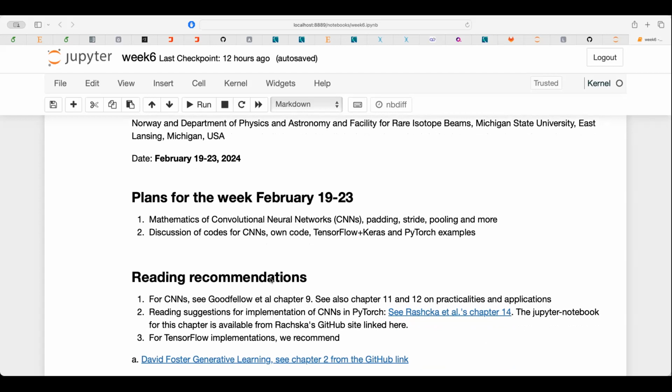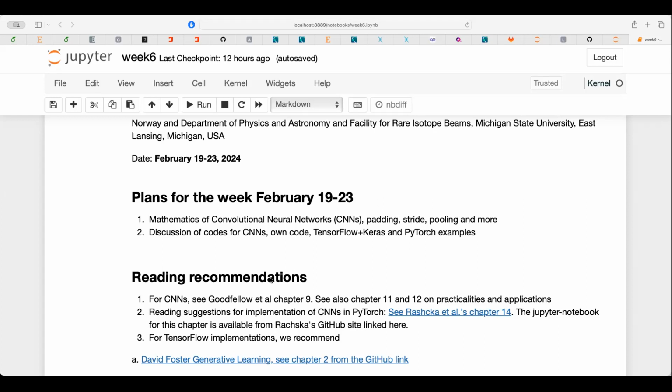Now, there is an example code here for CNNs, but typically these kind of codes which we hand tailor cannot often compete with the speed you would get if you run TensorFlow on Google Colab, or PyTorch on dedicated machine learning machines.